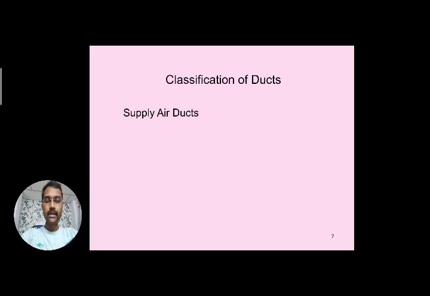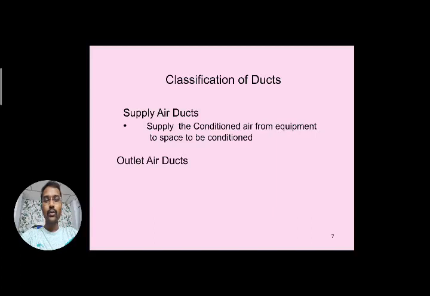Next, moving on to the classification of ducts: supply air ducts, outlet air ducts. First, what is a supply air duct? The different ducts serve a similar purpose, acting like a passage through which air can be sent.